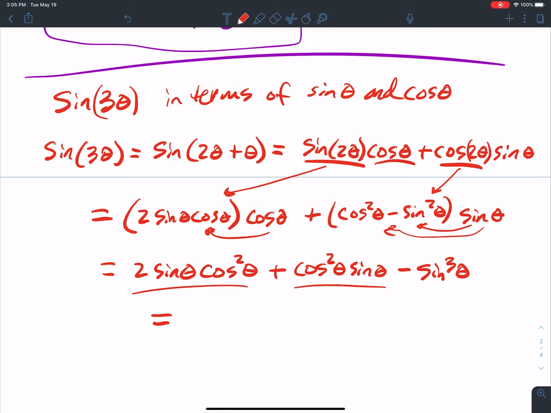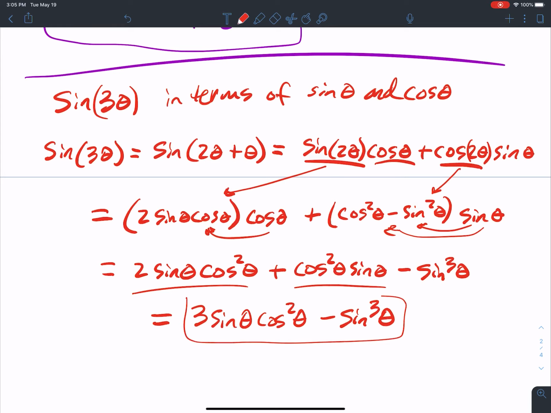So that gets me 3 sine theta cosine squared theta minus sine cubed theta.